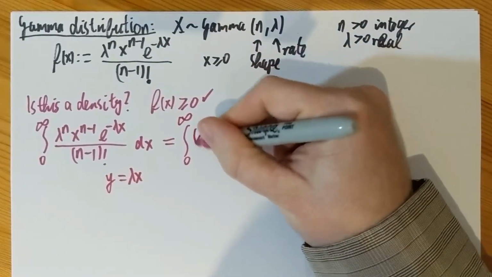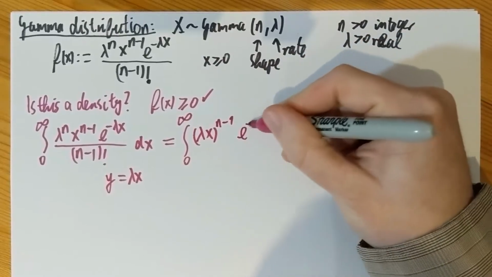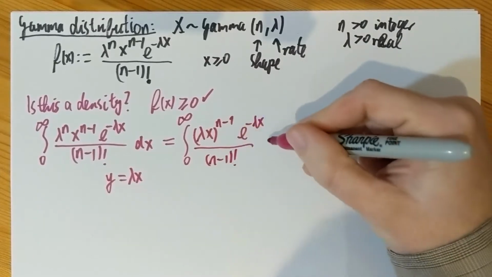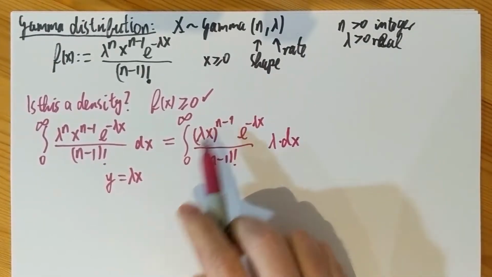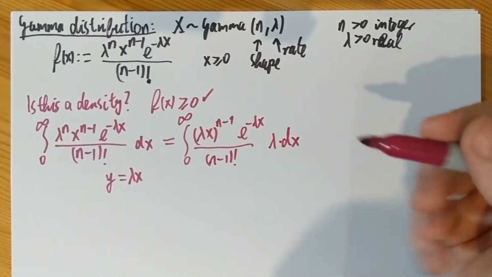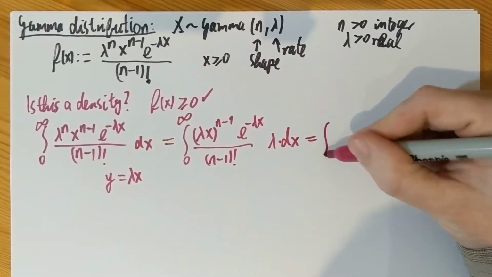Let me just write this out for a second without substituting anything yet. I'm just going to regroup one of the lambdas into dx. Okay, so I have n minus 1 of them here. I had n there, but I have an extra one there. So in total it's n of the lambdas. And now you can clearly see where this is going.